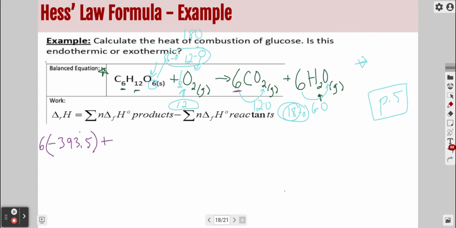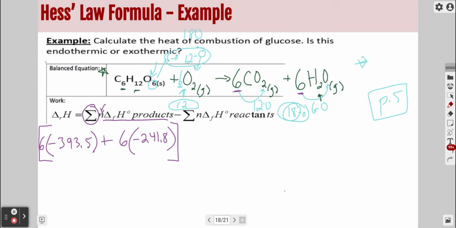I'm going to put these in big brackets. I'm going to add that to my water gas, which has a heat of formation of negative 241.8 kilojoules. And there are 6 waters.